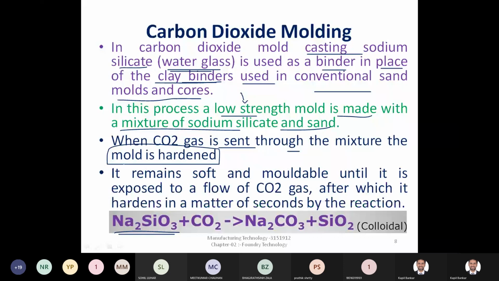This mold will remain soft and moldable until it is exposed to a flow of CO2 gas. After applying the CO2 gas, it will harden in a matter of seconds by a reaction.